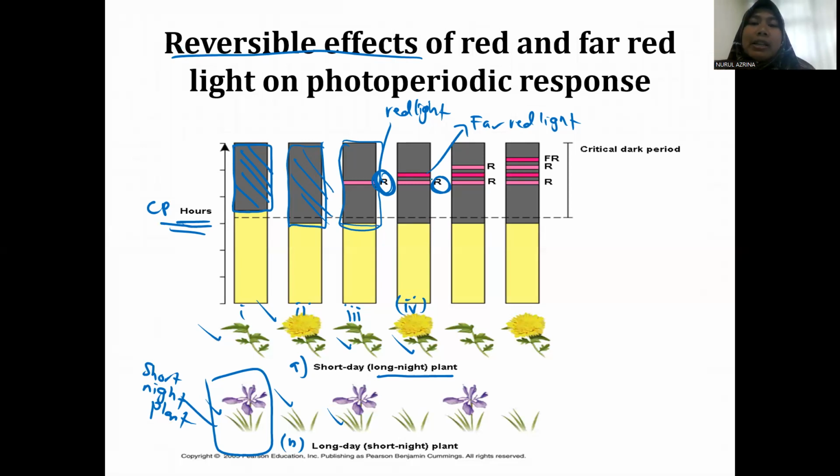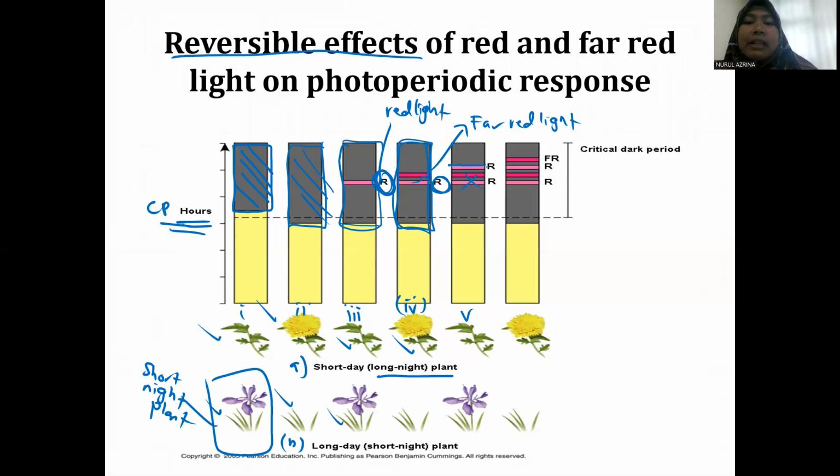So seolah-olah this one is a totally complete continuous dark period. So that's why plant A will flower but not plant B. Syarat dia, it must be followed by immediate red and far red. Sepasang, a pair. If red, far red, red, like experiment number 5 over here, you can see red and far red will cancel.